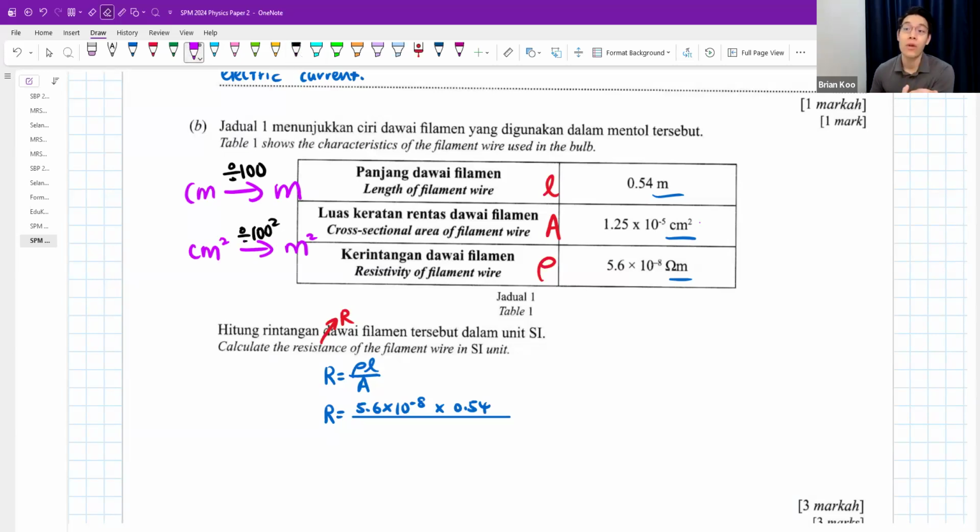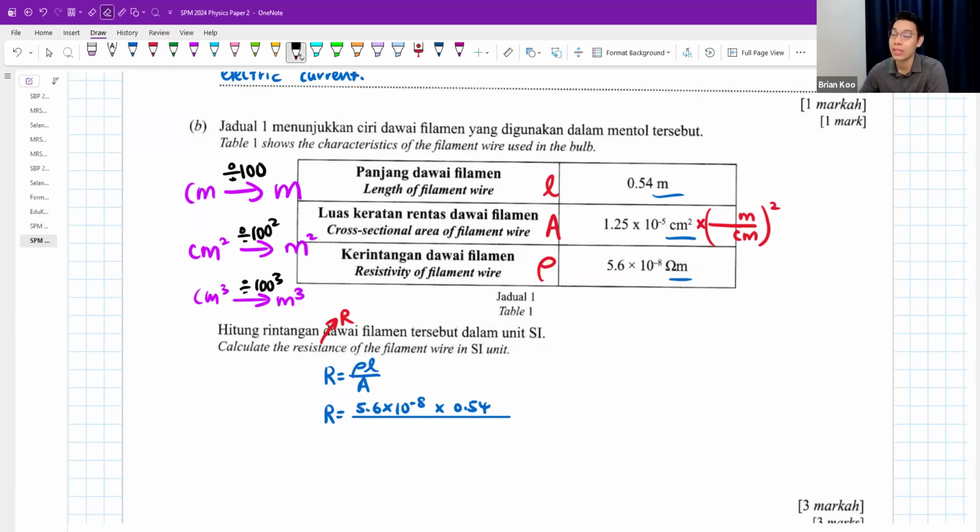But what if I do volume, let's say cm cubed to meter cubed? Then the same. You divide by 100, but you need to cube. So I think you get the idea. And if you really forget, another way is you can multiply by cm underneath and meter at the top, but you need to square.